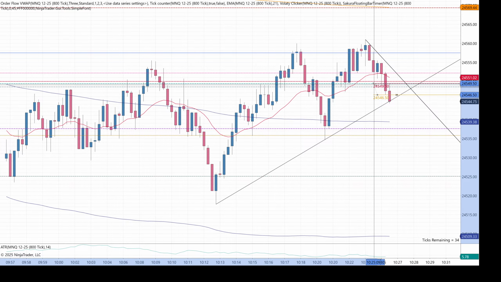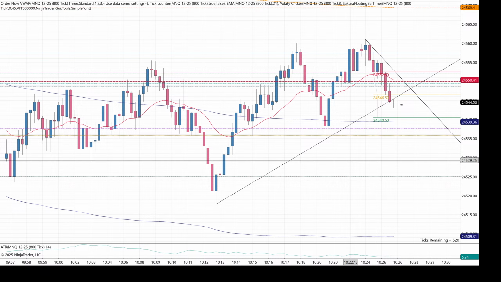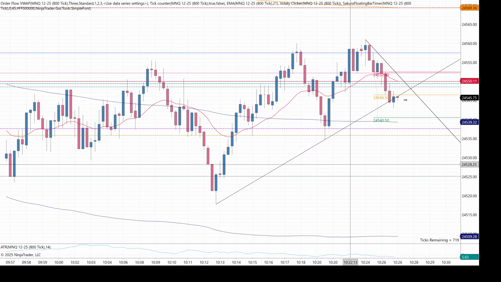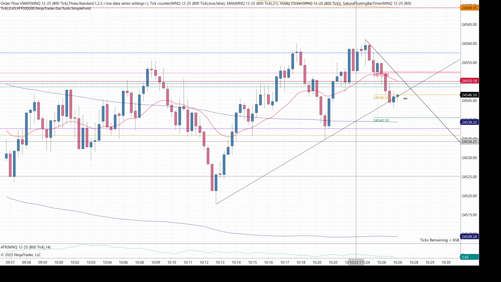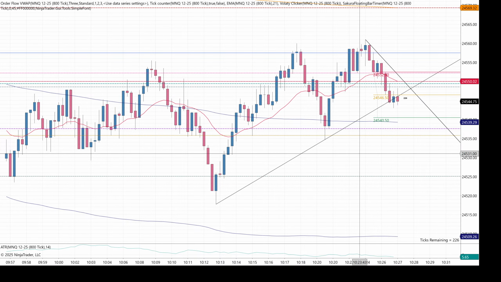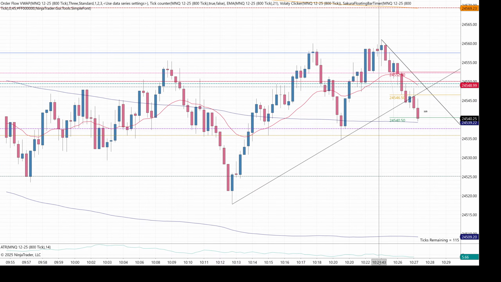Alright, so this triggered lower, but we got this bigger trend line in the way. Although I think it might have been the trigger before then.